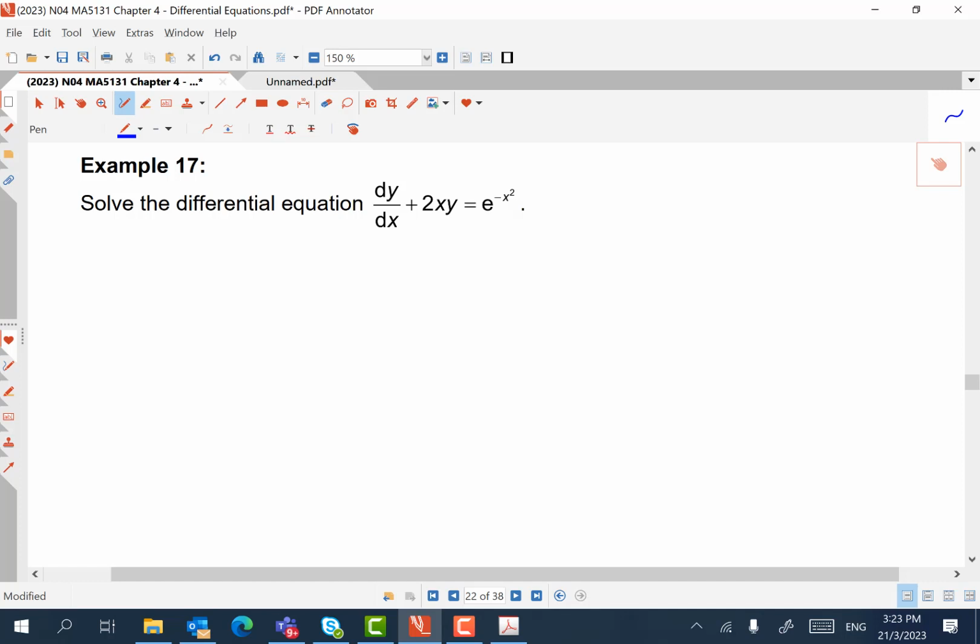If you can make it exact, you win. This equation is not exact. You can't potentially write this thing like that. It won't work. Okay, it's not exact.